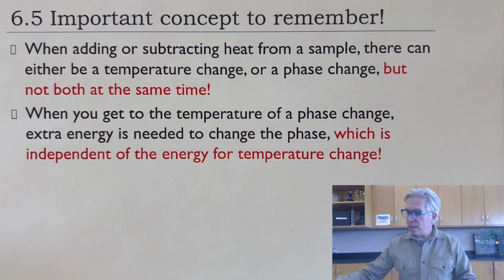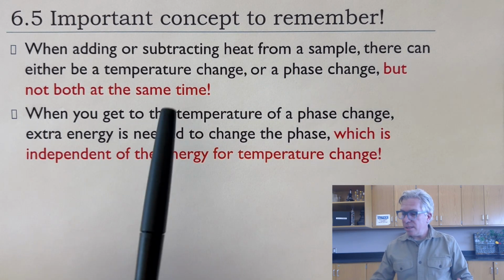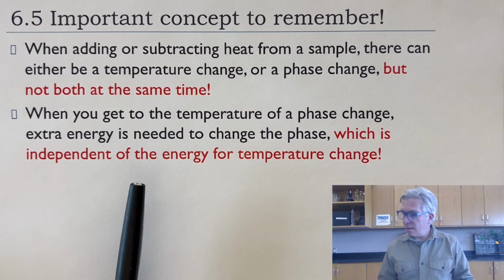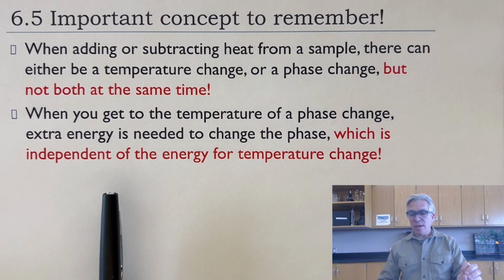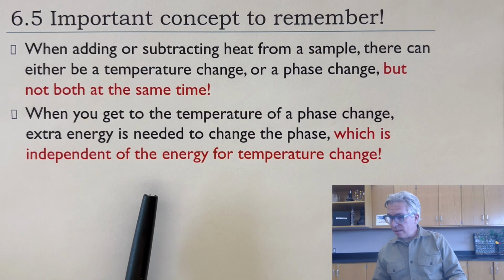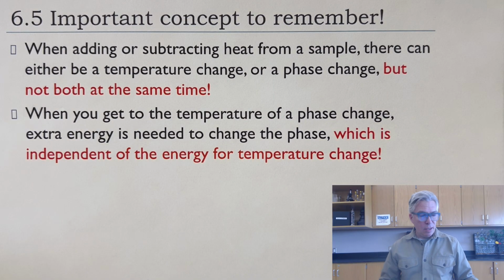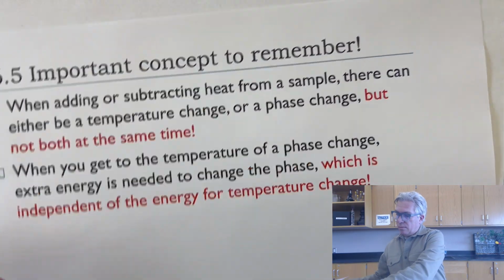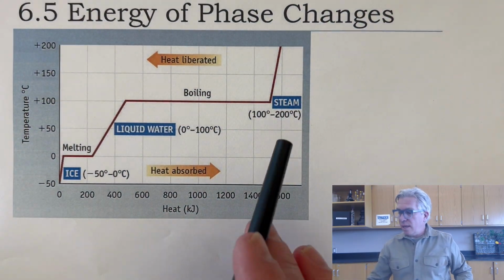So, important concept to remember when it comes to phase changes. When adding or subtracting heat from a sample, there can either be a temperature change or a phase change, but not both at the same time. When you get to the temperature of a phase change, extra energy is needed to change the phase, which is independent of the energy for the temperature change. And it's also, going back to my chart, it works the other way around.